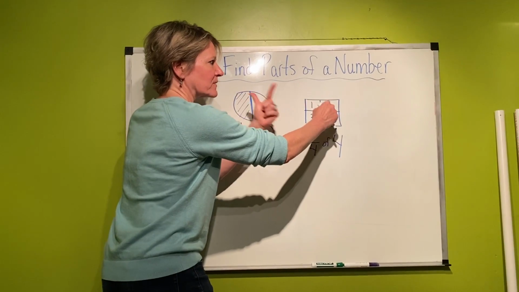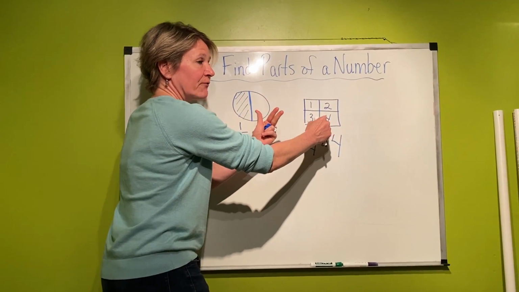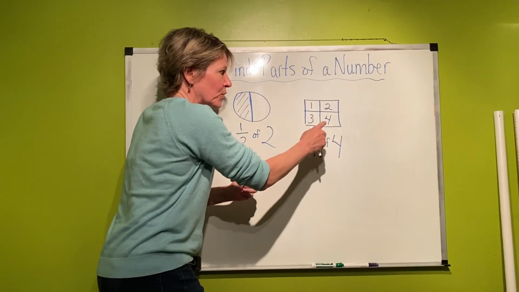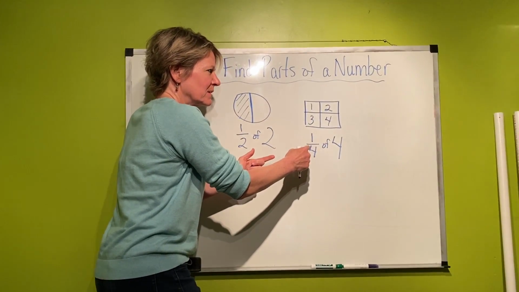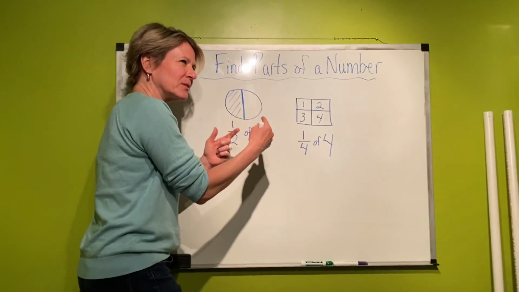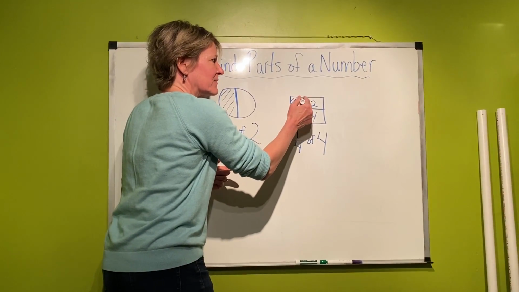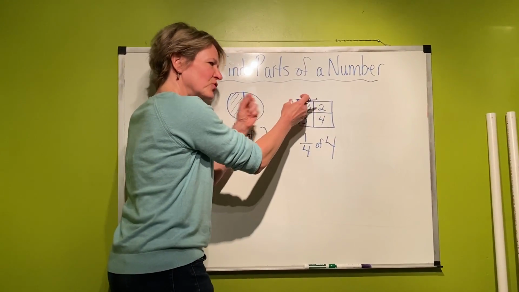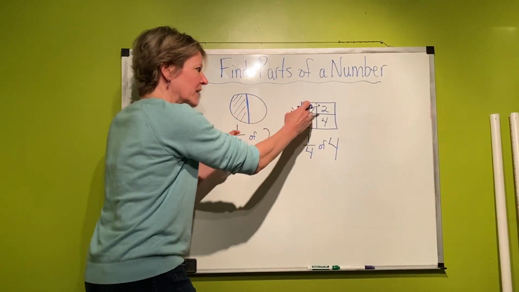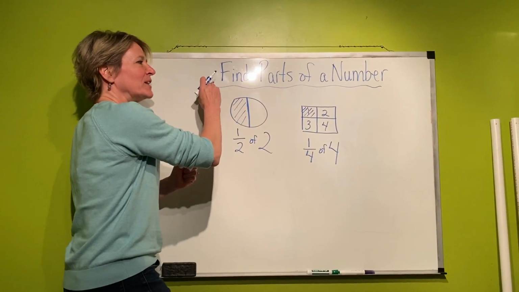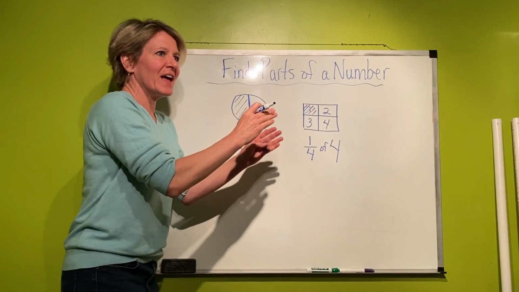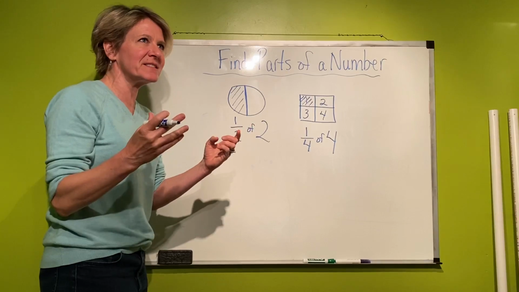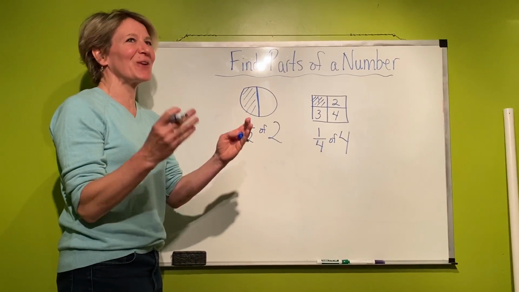We have four boxes or four corners. And if I said, you're all going to hide in 1/4 of the four corners, well, you would be able to visualize it and say, well, 1/4 of four is just one box. It's just one. But when you try to find a part of a number that's not so common sense, there's a super great trick.